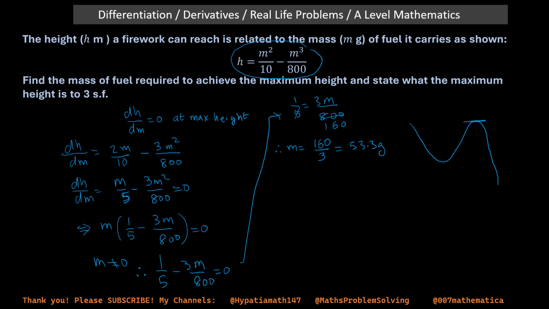53.3 grams. So that is the mass of the fuel. Okay, so then we need to find the maximum height. To get that, we substitute m with 53.3, put in the value of m.